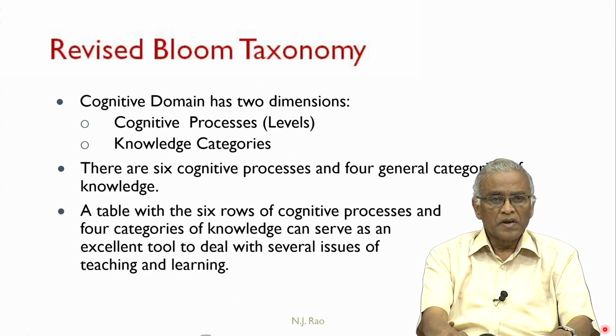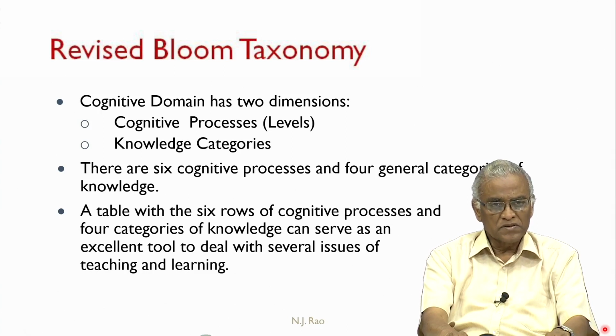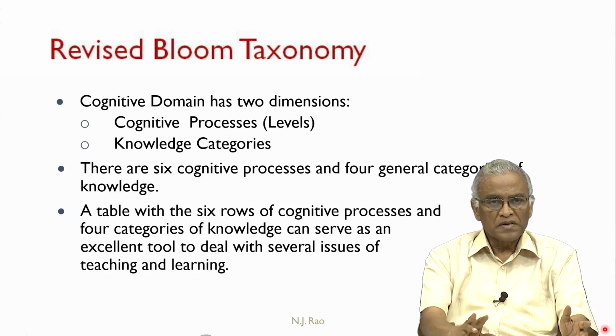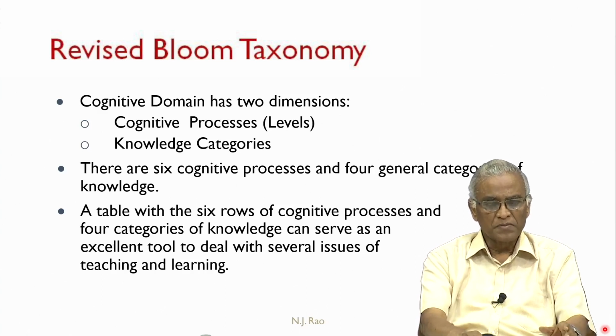We identified 6 cognitive levels or cognitive processes and 4 general categories of knowledge. These are two dimensions, so both can be integrated together in the form of a table. You cannot mix them, so we have it in the form of a table.